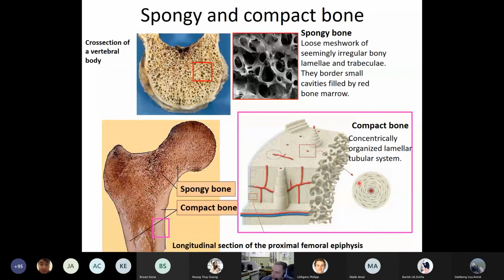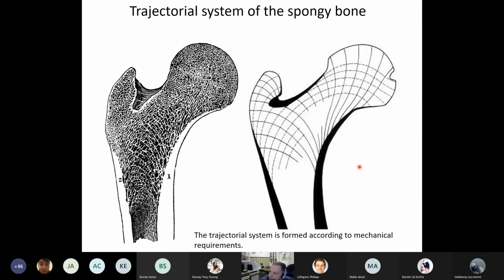If I go on, then the next slide goes to the long section of the femur again. And if you look at this structure, at the first moment one has the impression that this is just a randomly organized system of bony trabeculae.